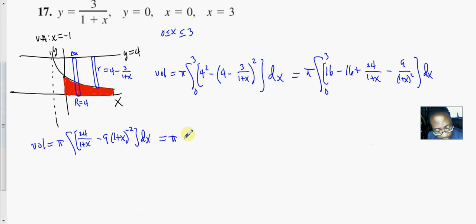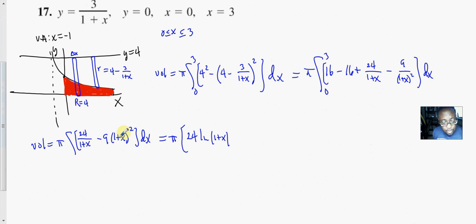So this is pi. Here we get 24 times the natural log, absolute value of 1 plus x. Then we integrate this 1 plus x raised to the negative 2.